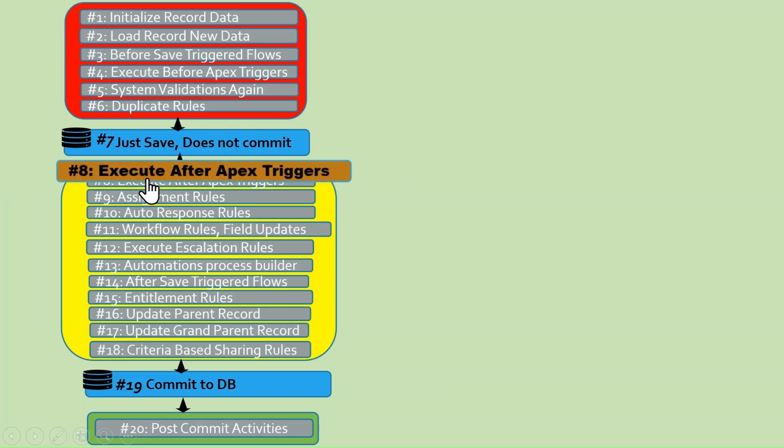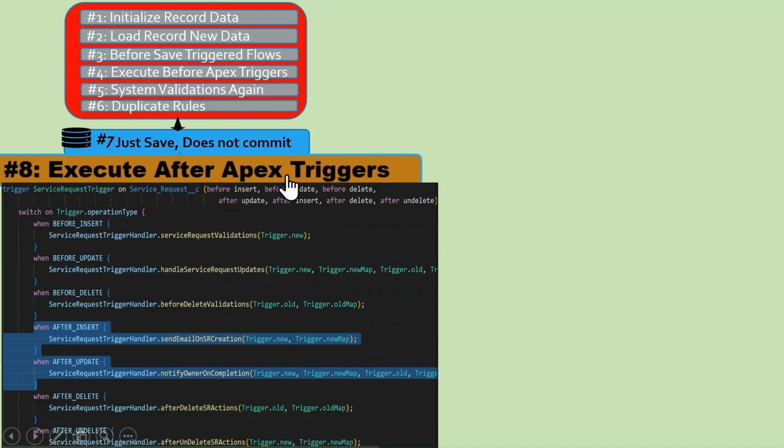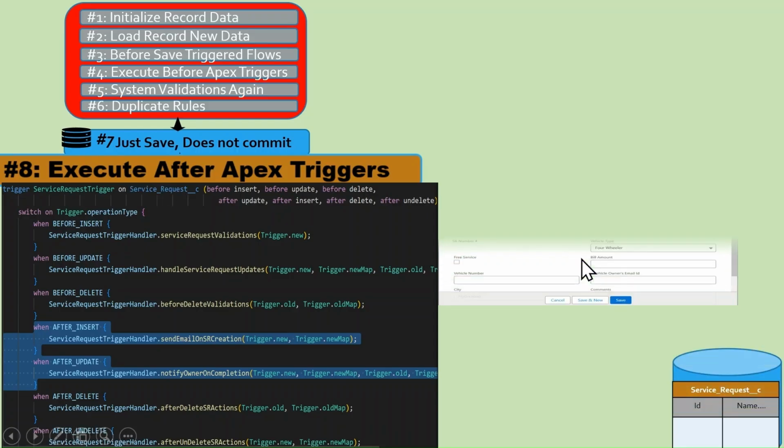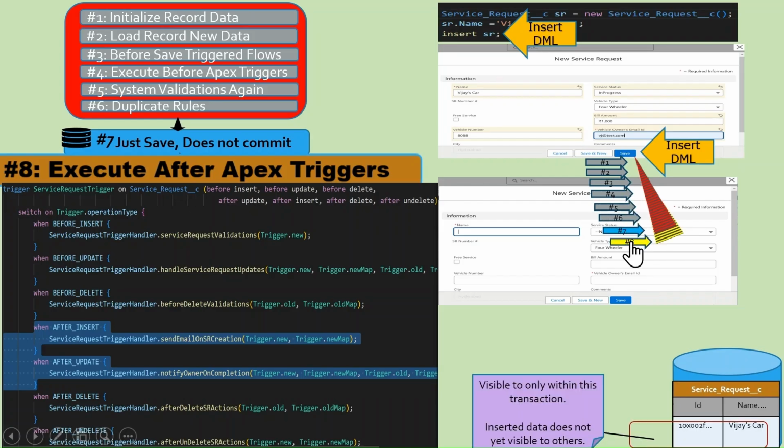The next step is execute after apex triggers. The responsibility of this step is that Salesforce checks for the after apex triggers, and if it identifies after apex triggers, then the logic mentioned under the after apex events gets executed. Let's see, in case of insert DML, on click of save, we have the step 8 after the step 7.